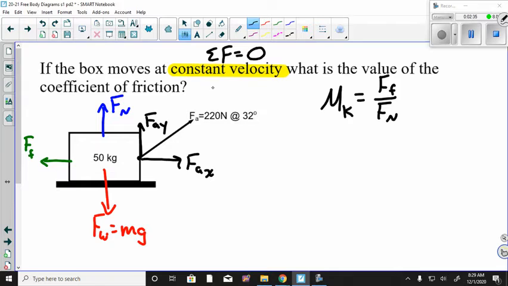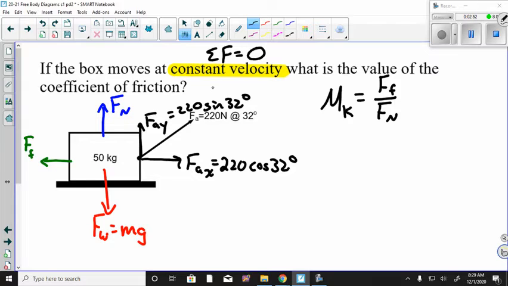And I break that into its components using the cosine of the angle for the x component and the sine of the angle for the y component.